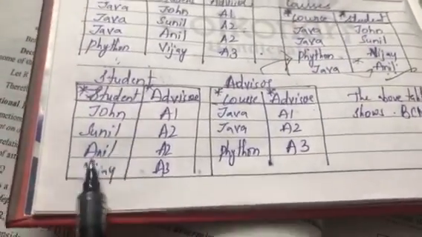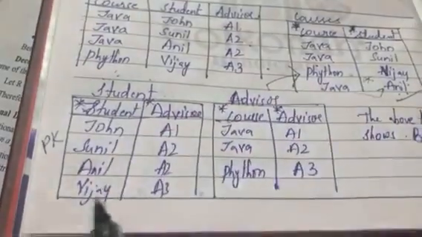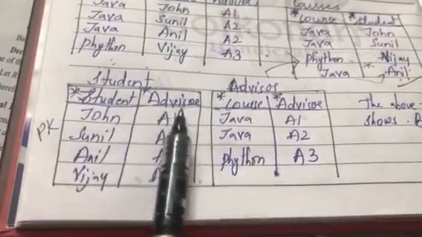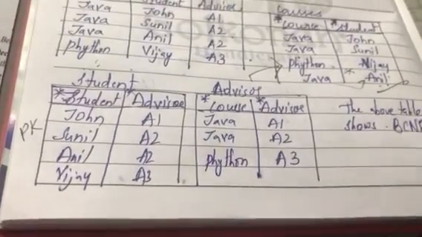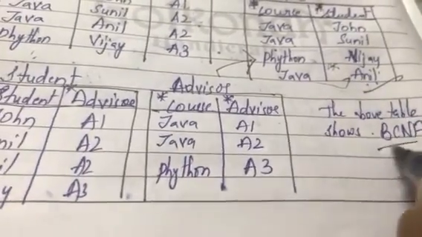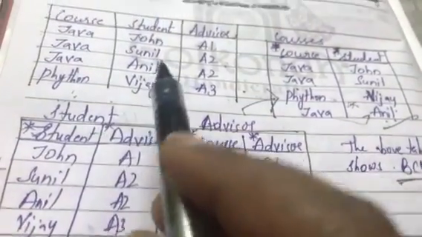Even student, suppose we take it as a primary key also, like this. So every particular determinant, every particular attribute needs to have a particular key; that is BCNF. And we have removed the transitive dependency.